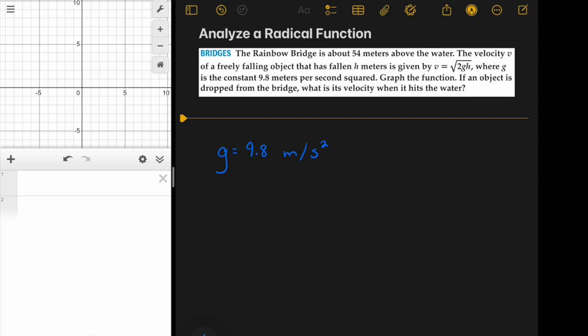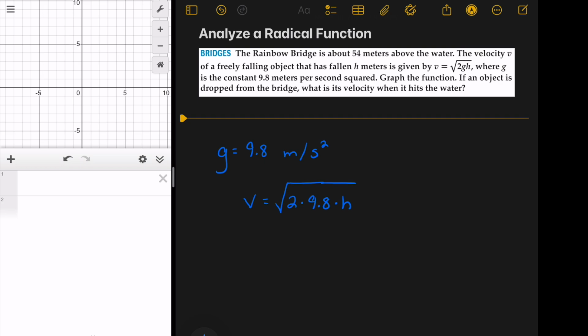So we can write the equation as v equals the square root of 2 times 9.8 times h, and now we only have two variables.